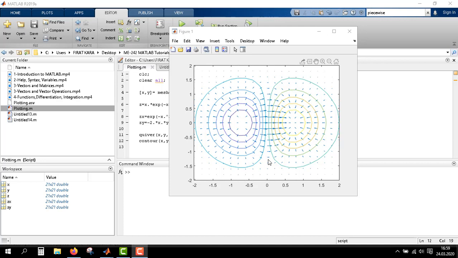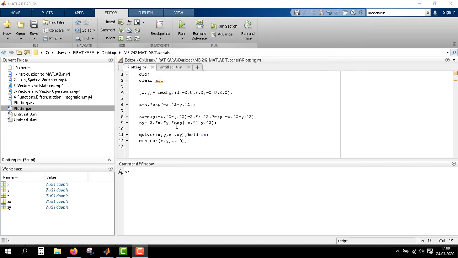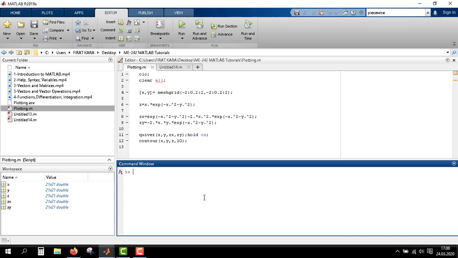In MATLAB, there is also another way to take the gradient of a function. It's a function called gradient.